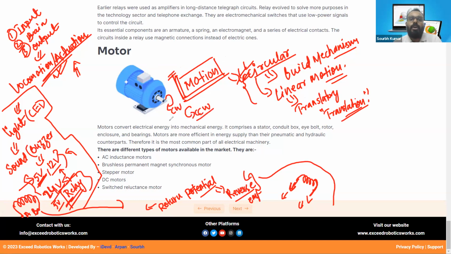I believe you all know clockwise and counterclockwise. Clockwise is the direction in which the minute hand rotates in the clock itself, and counterclockwise is the opposite to the rotation of the minute and hour hands in the clock.